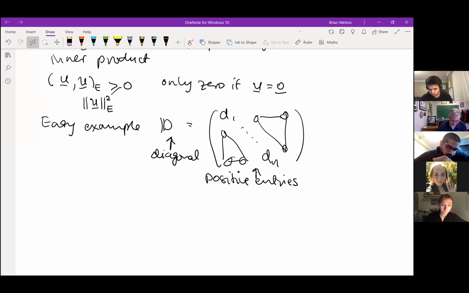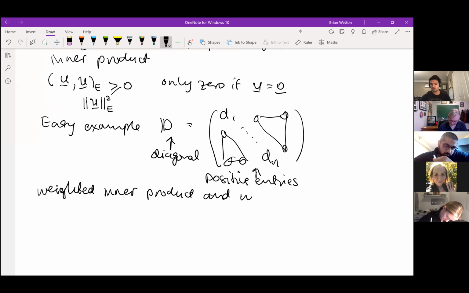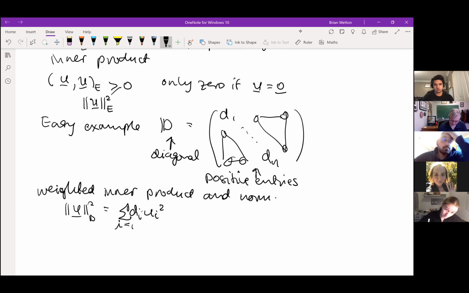Then this is just like a weighted inner product and norm. The norm that comes from this is just the sum of the squares of the U_i entries, but weighted by these positive weights.